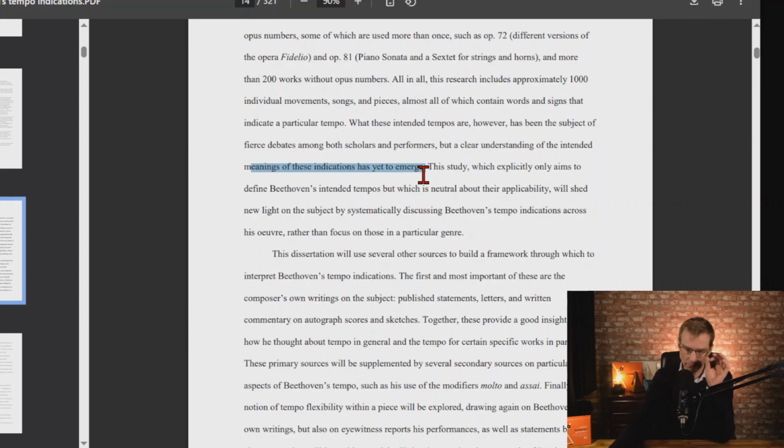But then, this study, which explicitly only aims to define Beethoven's intended tempos, but which is neutral about their applicability, will shed new light on the subject by systematically discussing, and so on and so on. Why is nobody talking about closed boxes?